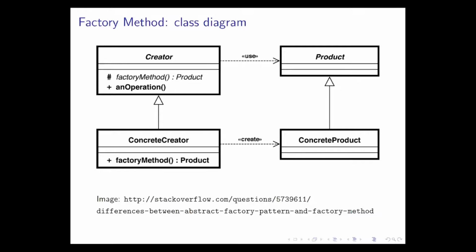Factory is a case where you may well have to explain what you're actually talking about. In fact, that very old Stack Overflow question, whose URL is at the bottom because I wanted to credit the diagram, which I took from there, is quite an interesting discussion with a number of different viewpoints about what exactly it means to be an instance of the factory method pattern. So you might like to follow that up and read it. I'm just going to try not to trip over myself too much in my use of terminology, but I apologise if I do.